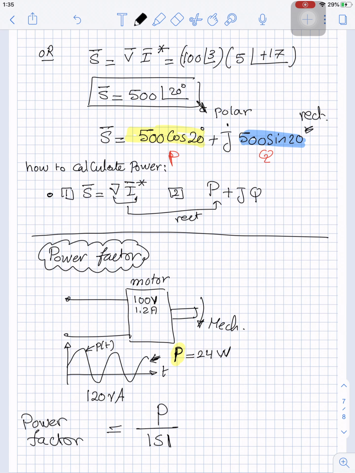Some students will say, okay, the reactive power is useless. Why don't we just get rid of it? When we learn magnetics, we will understand that this reactive power is essential in doing the energy conversion. It's like the water coolant you have in your car.